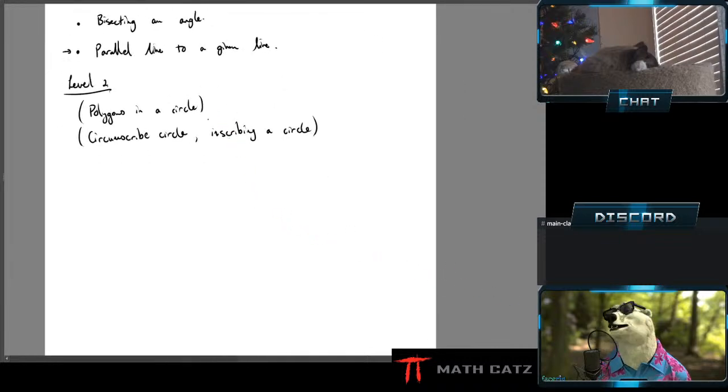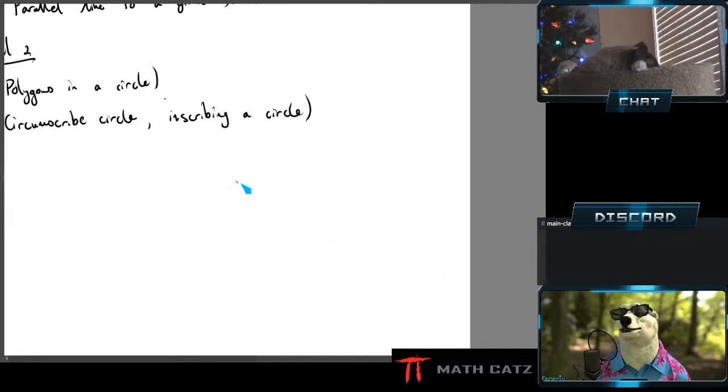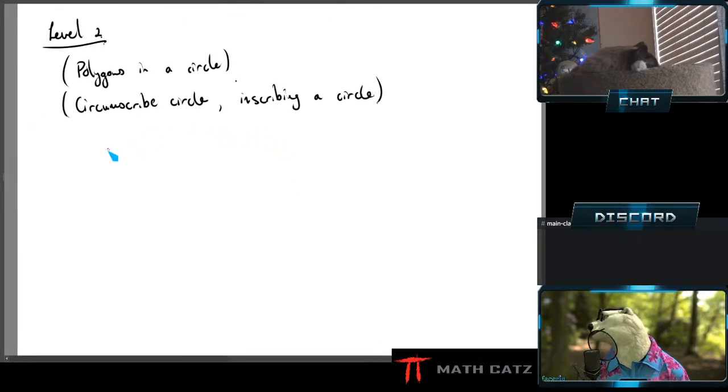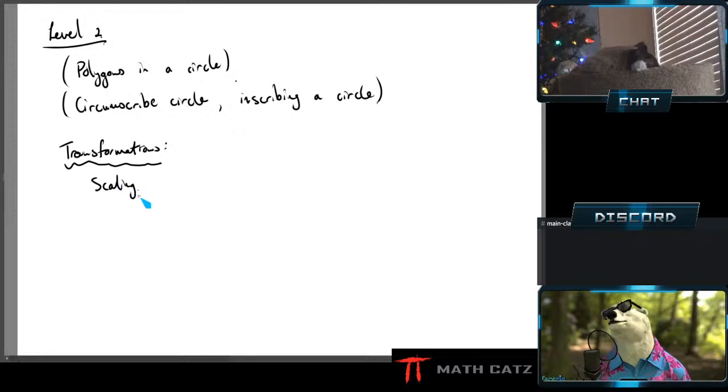In addition to that, also at level 2, we have our transformations. That was supposed to be an A. Transformations. And we've done one of them already. We've done the scaling one. Scaling.